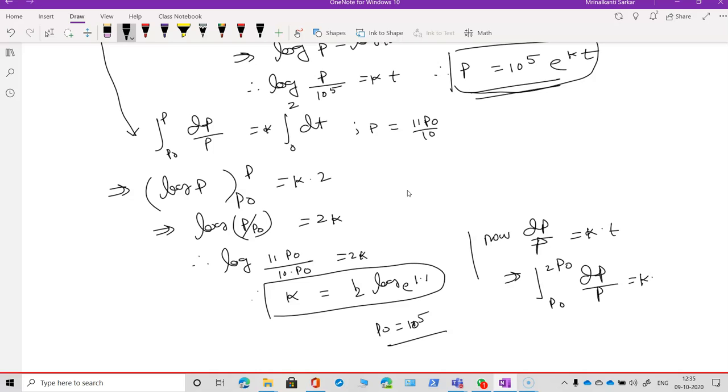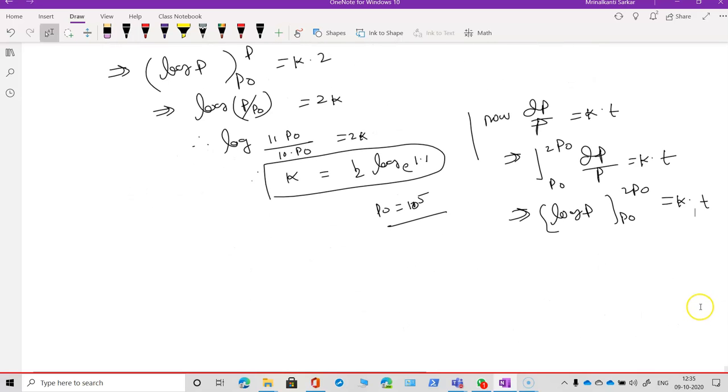The time is, we have to find the value of t. So log of P, the limit of integration P0 to 2P0, this time we need to find. t is going to be log 2 over the k value you got earlier.